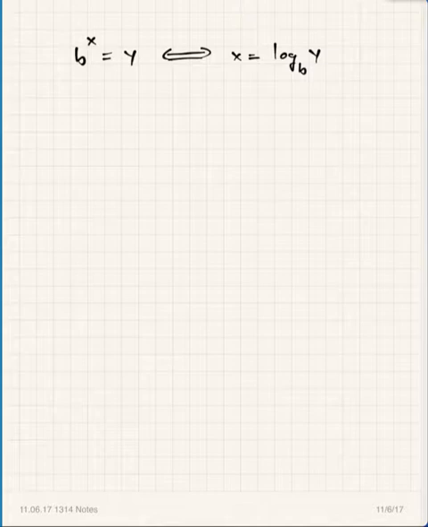And that would represent the power. This is what logarithm base b of y would be, the power you raise b to get y.